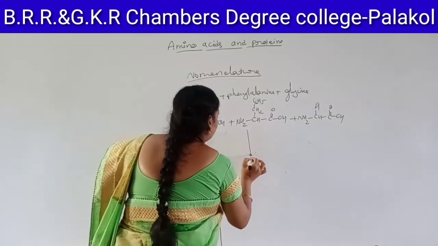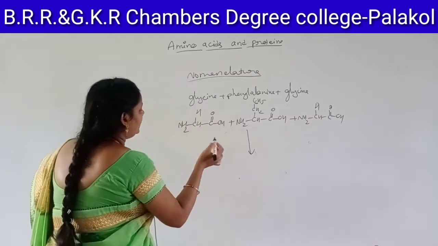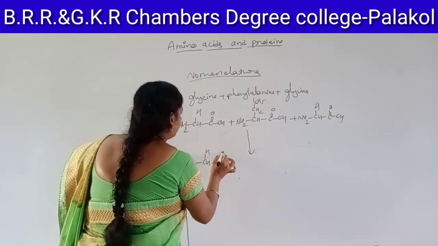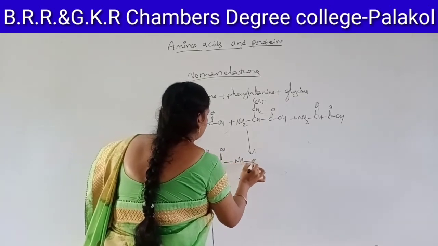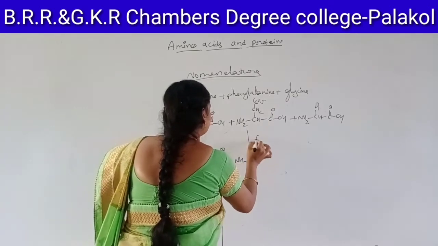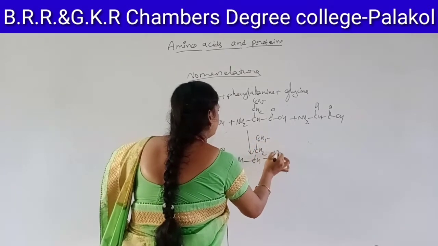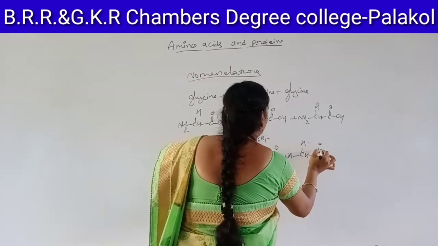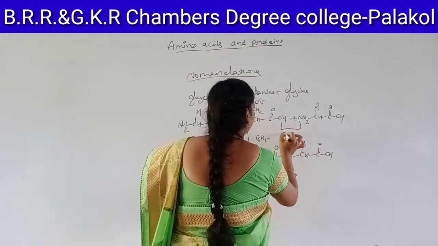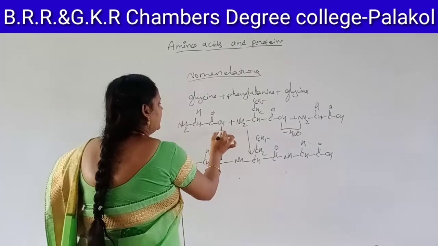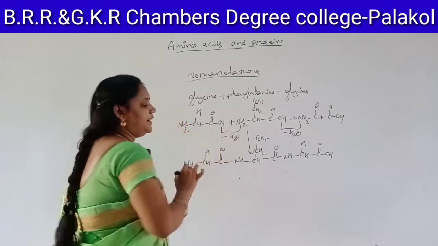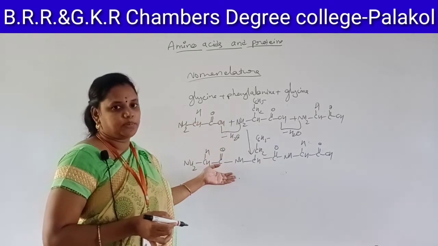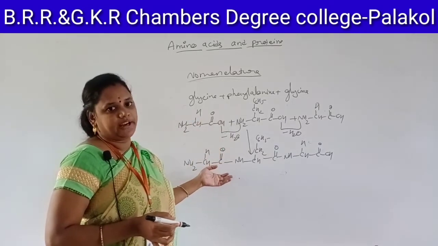What you will get is NH2 CH2 C double bond O NH CH CH2C6H5 C double bond O NH CH2 C double bond OH. It's very easy, students. From this we are eliminating water, and here also. Thus, by eliminating water molecules, we obtain a condensed product which is known as a peptide.